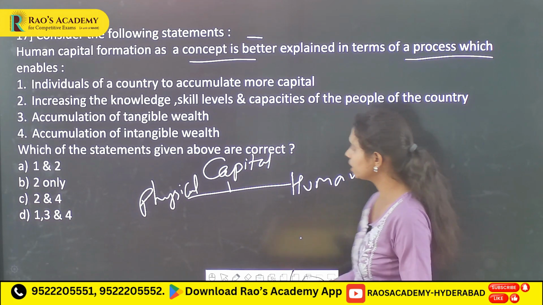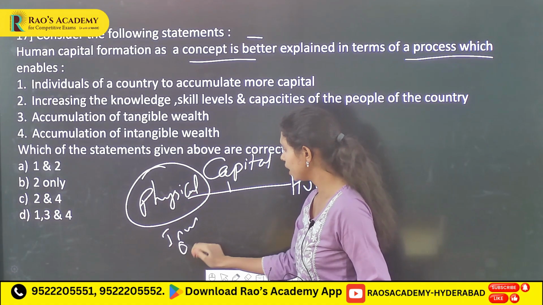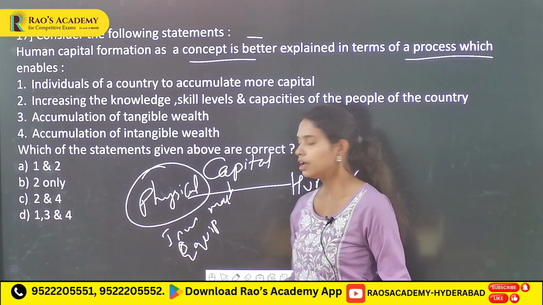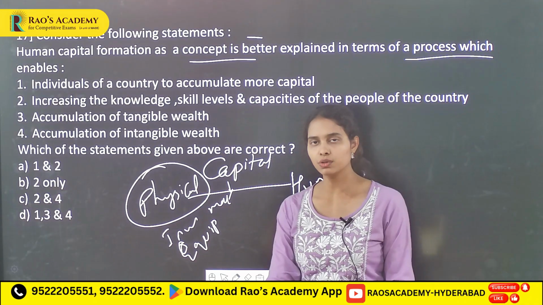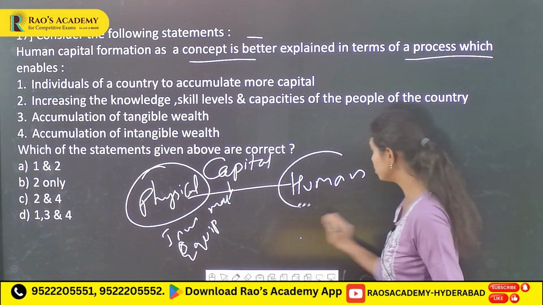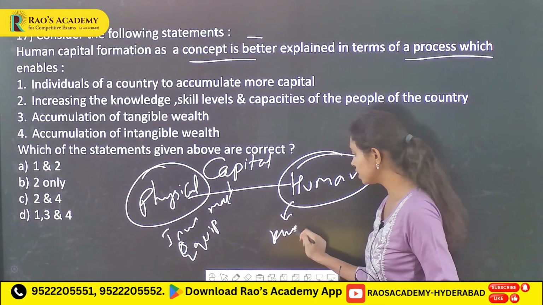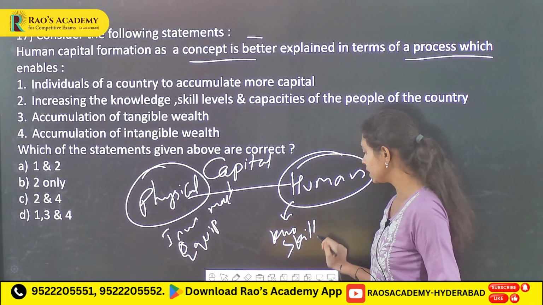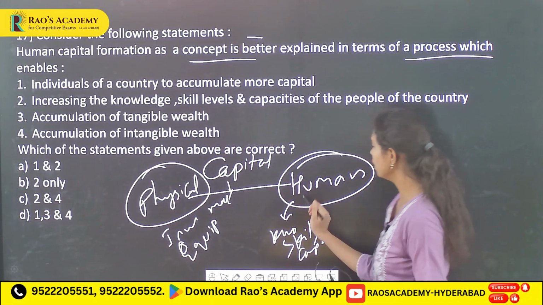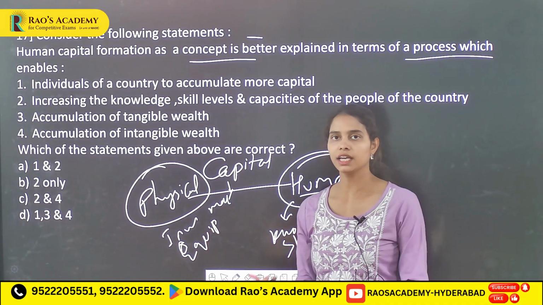The term physical capital refers to inventory, equipment as well as machinery, that means the physical large equipment as well as tools which are greatly used for the production of different goods. Human capital greatly talks about the knowledge, skill as well as capacity of a particular person. So here it is talking about the knowledge, skill and capabilities of a particular person.